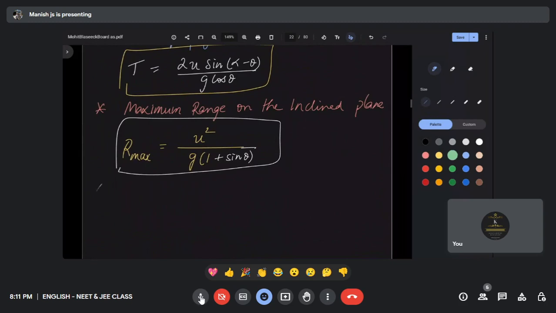Finally, based on this itself, you can find out when the range is going to be maximum. The angle at which the range on the inclined plane becomes maximum also needs to be known.